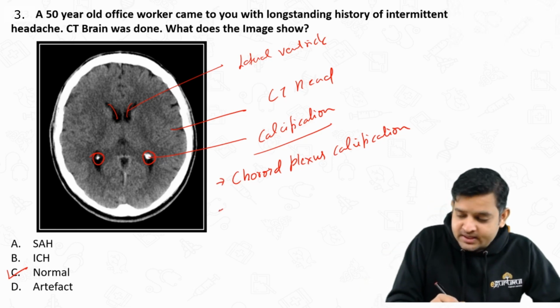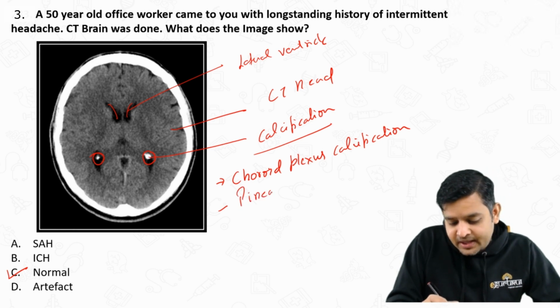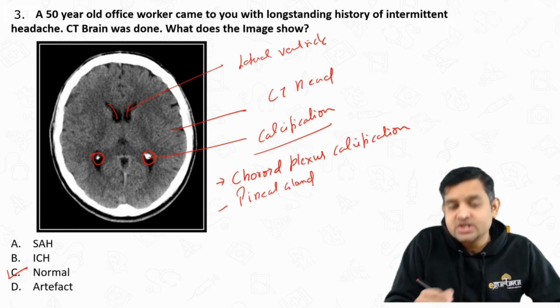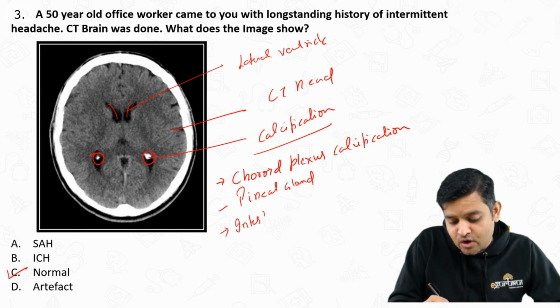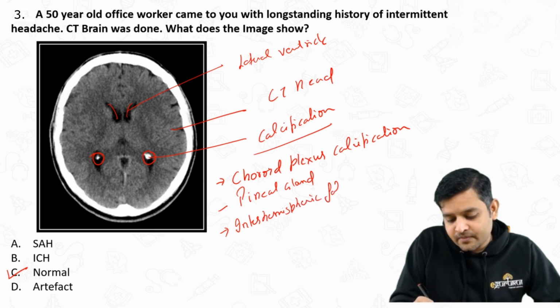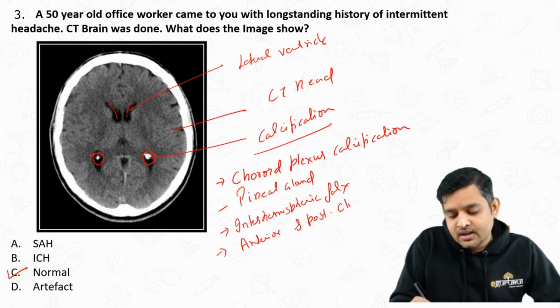Apart from the choroid plexus, pineal gland is another important site of calcification. Pineal gland. Then you have got interhemispheric falx. Then you've got anterior and posterior clinoid ligament.